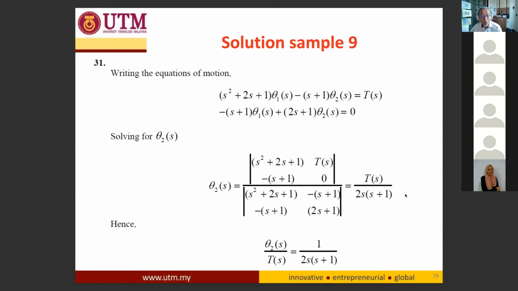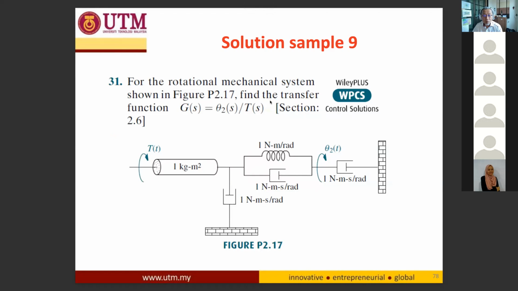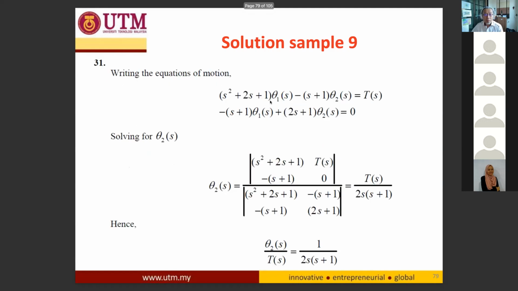By writing a free body diagram before these equations, you will get the two main equations that represent the system. So you draw the free body diagram for inertia J1, 1 kilogram, and then you will get these equations. How you get this part is by factorizing by the matrices.